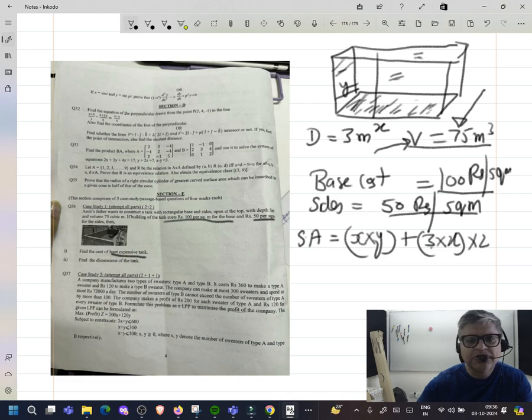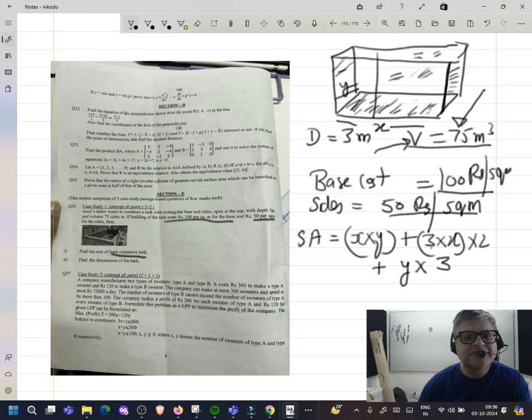So height into the overall length. Now I have done the back one, and I have to worry about this sheet, which has Y as the width, and this thing is known to me, it is 3. So this is the total sheet you need to build this tank.